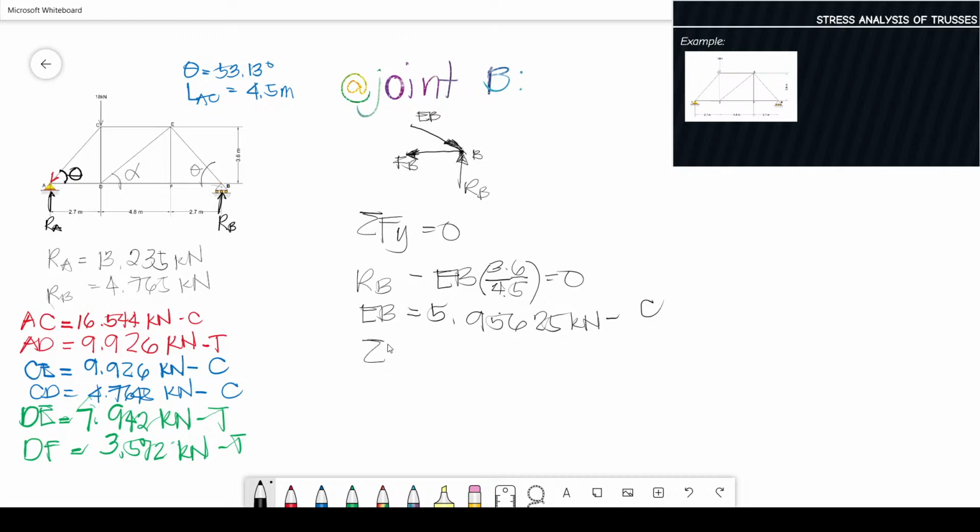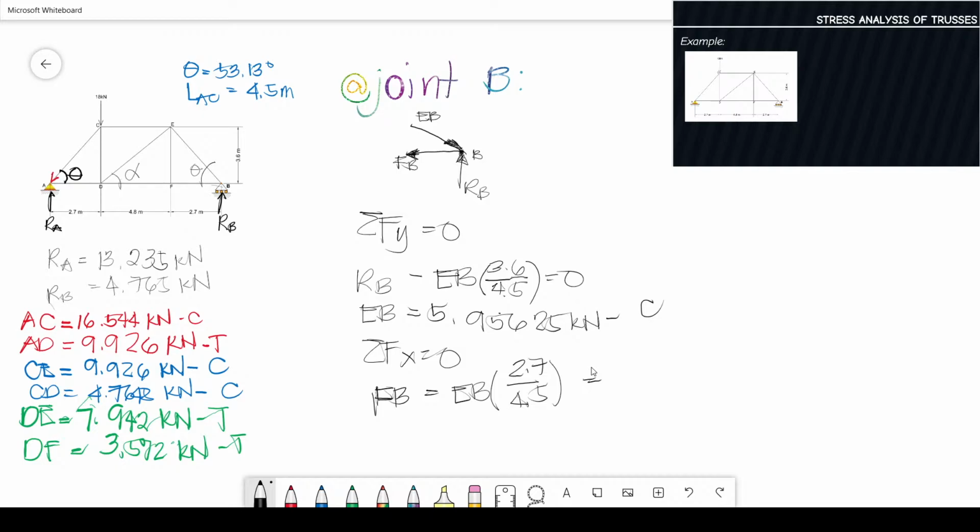Then let's proceed to summation of f of x is equal to 0. F of x naman, this is simply as EB, FB is equals to EB cosine theta, or EB 2.7 over 4.5.